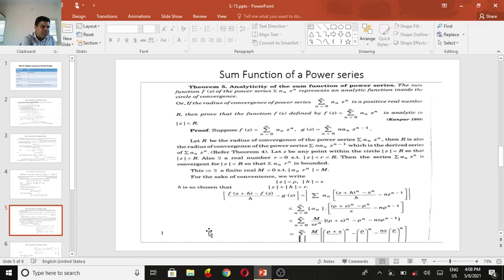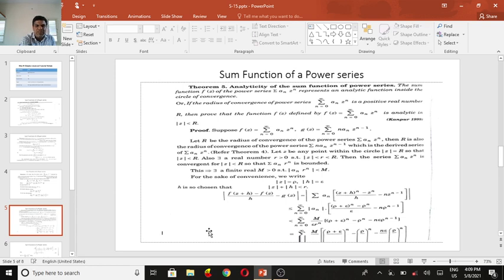Again I am simplifying. This number is less than or equal to summation n from 0 to infinity of |a_n| times ((rho+epsilon)^n - rho^n)/epsilon - n rho^(n-1).